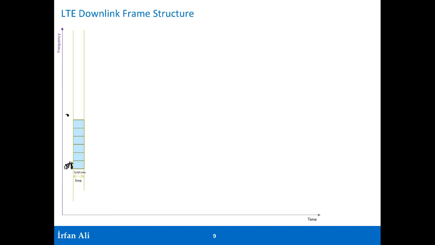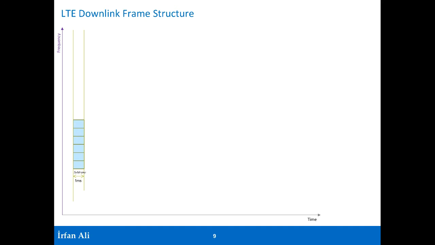So 1.4 is greater than 1.08 megahertz, and there are some guard bands at the two ends of the frequencies. We are going to focus primarily on these basic 6 resource blocks that we have.